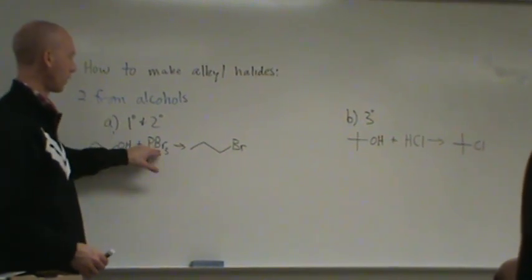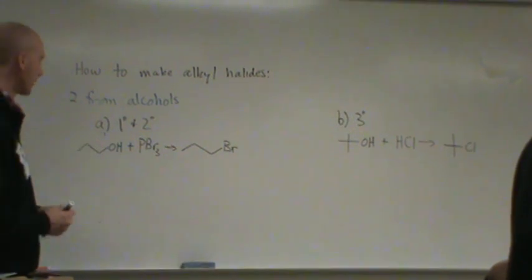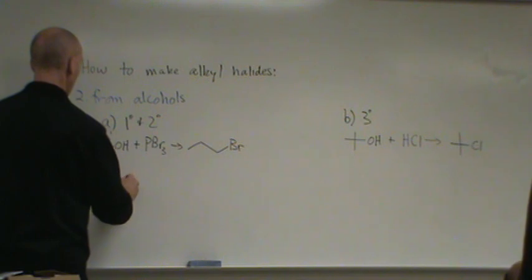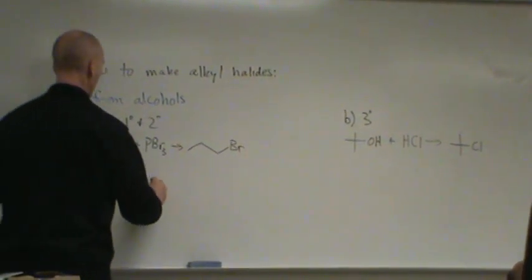So when I want to put on a bromine, I use PBr3. If I want to put on a chlorine, I would have used SOCl2. And again, this holds for whether it's primary or the secondary case.